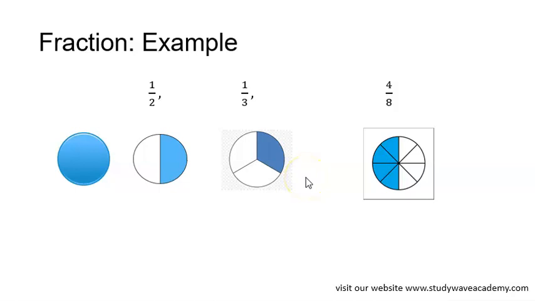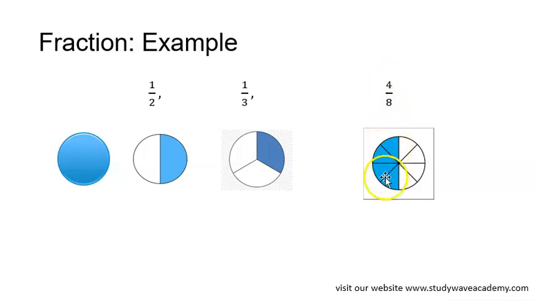Good. So we have here a circle, and how many parts is it divided into? Let's count. 1, 2, 3, 4, 5, 6, 7, 8. The circle is divided into 8 parts, and how many parts are shaded? 1, 2, 3, 4. 4 parts are shaded. So we say our numerator is 4.